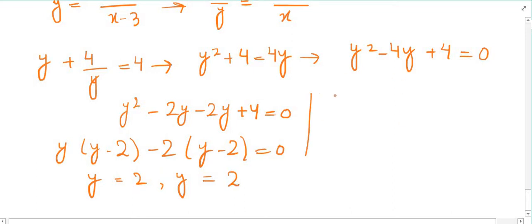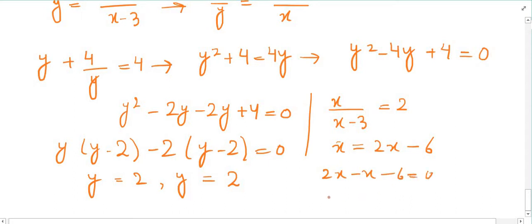After substitution, again substitute y equals x by (x minus 3) equals 2. It becomes x equals 2x minus 6. 2x minus x minus 6 equals 0. This is x minus 6 equals 0.